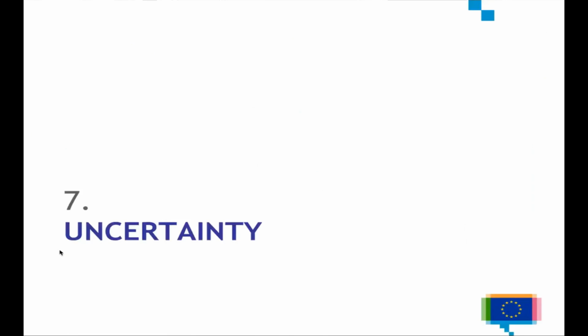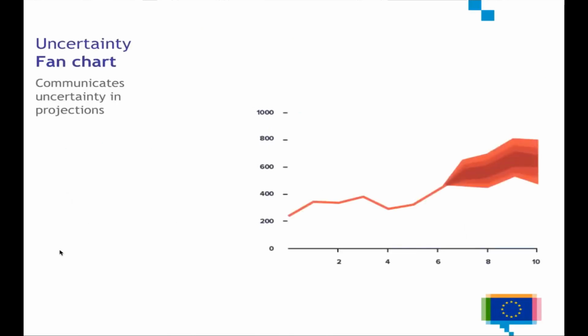Then some techniques to communicate uncertainty. And the first technique is called a fan chart, and this is usually used when some projections are calculated. So think about projections about GDP growth, for example. There's always a range of uncertainty in those projections.